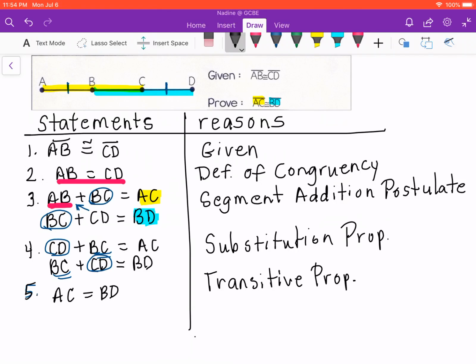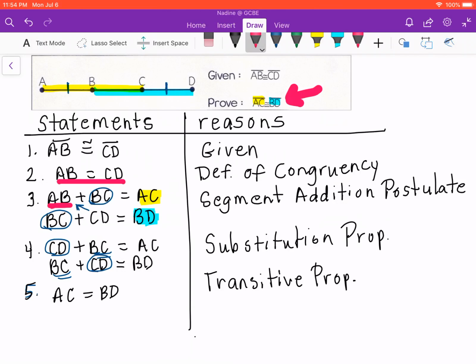Now we are really close to being done. I'm looking back up here. We have that segment AC is congruent to segment BD. Number 5 states the distance of AC is equal to the distance of BD.